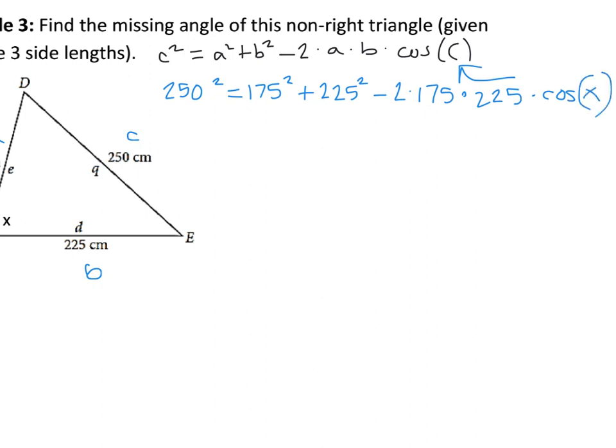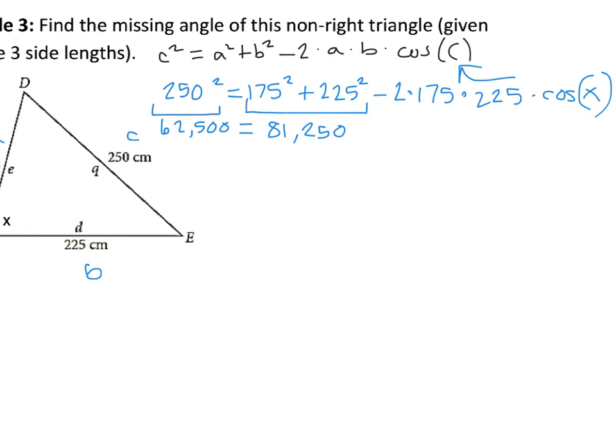It's x. All right, we need to simplify some things. 250 squared is 62,500, which equals 175 squared plus 225 squared, which is 81,250. So I went ahead and added those together just to make it easier.